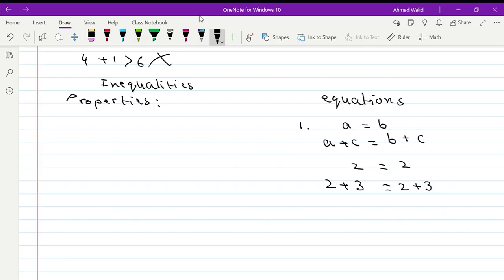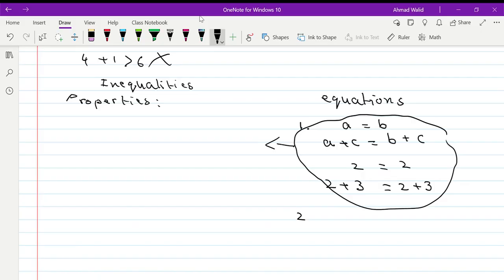Number 2 was the subtraction property or rule. Before going to 2, the same property applies to inequality also.